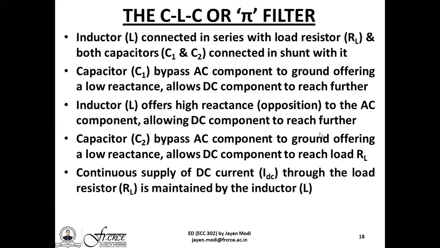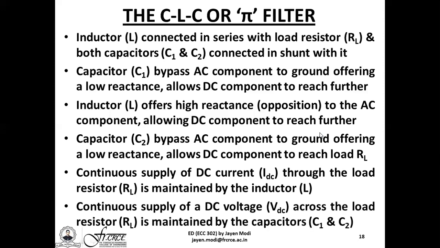So a continuous supply of the DC or the average current IDC through the load RL is maintained by the inductor L, whereas a continuous supply of a DC voltage VDC or VL is maintained across the load RL by the capacitors C1 and C2. This operation is exactly similar to the LC filter or the inductor capacitor filter.